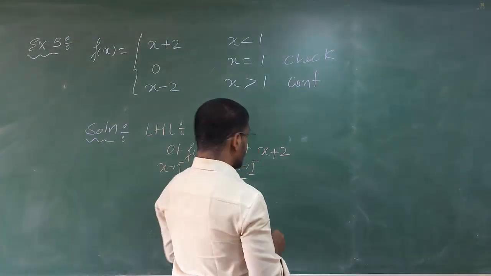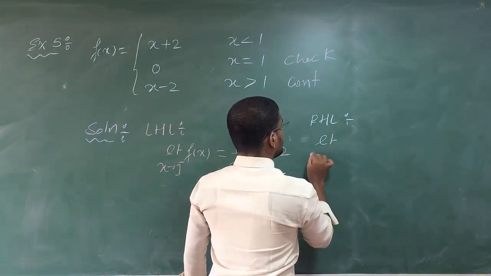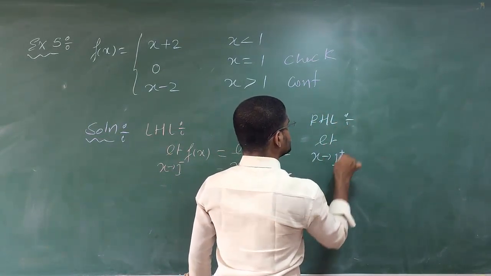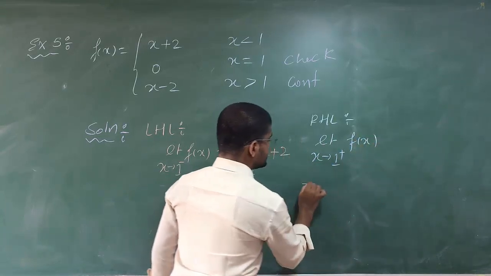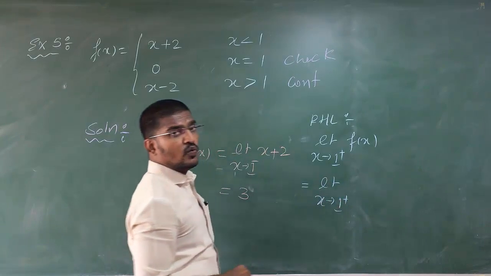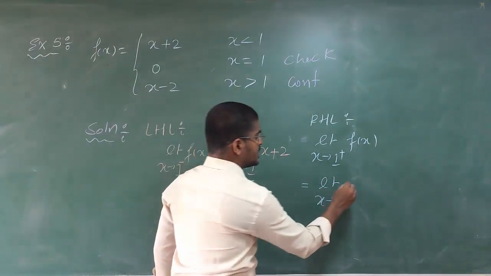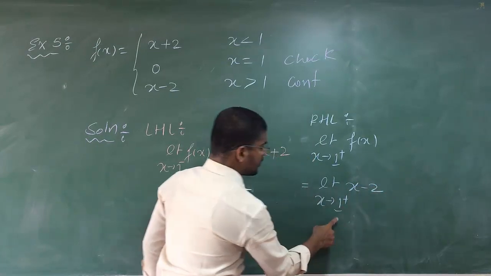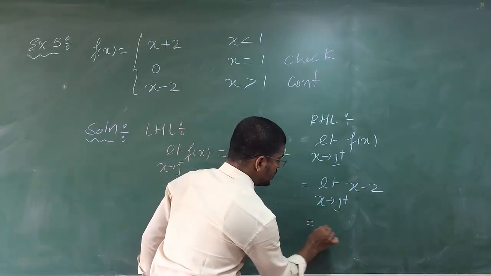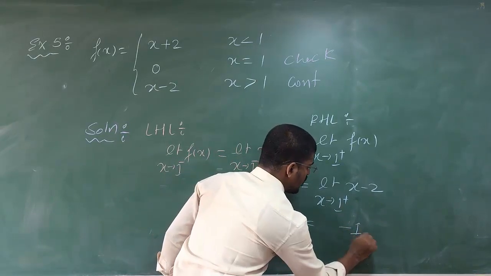Now let us go for RHL. Limit x tending to 1 plus f of x, that is equal to limit x tending to 1 plus, what is your f of x for right hand side? That is x minus 2. If I put x as 1, 1 minus 2 will be minus 1.